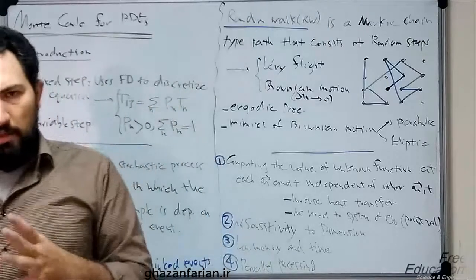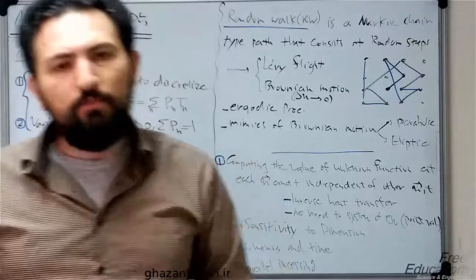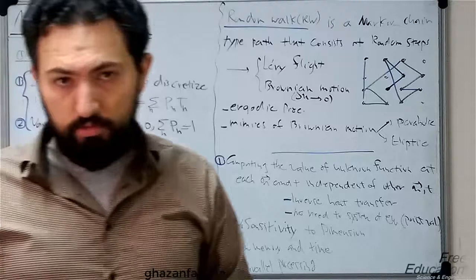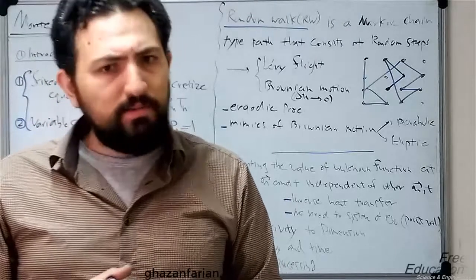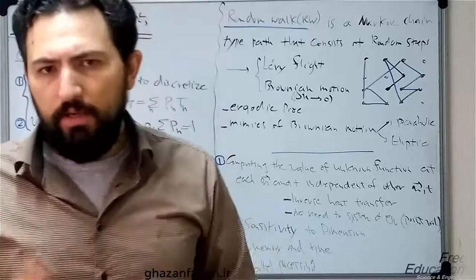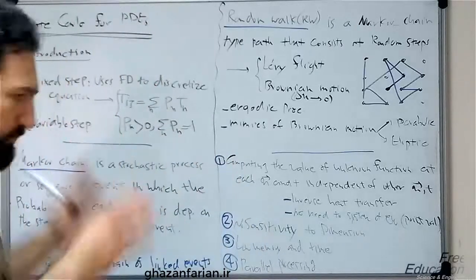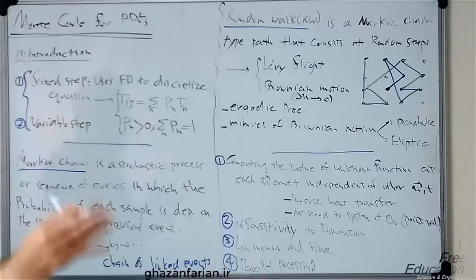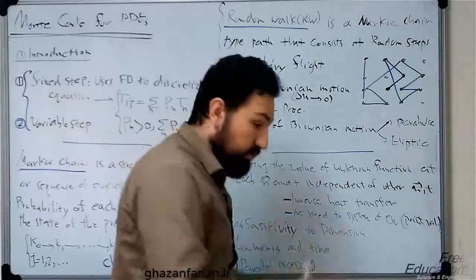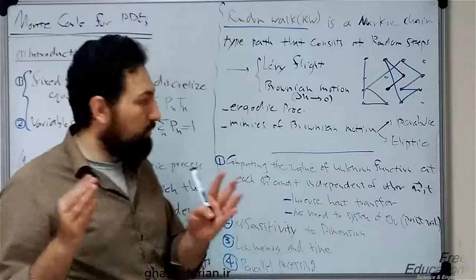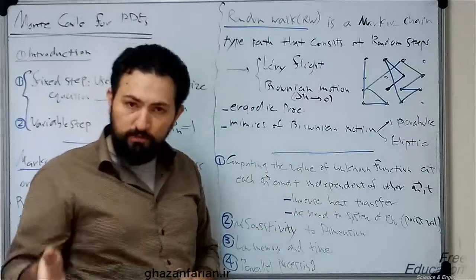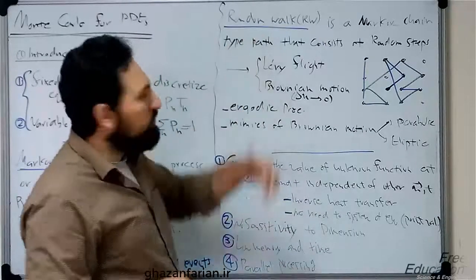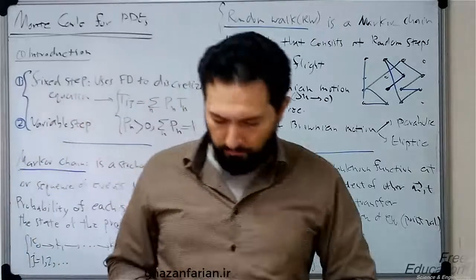There are some corrections or modifications for hyperbolic equations, which contain some sharp discontinuities, such as the Burgers' equation or shock waves. But in this video, I'm speaking about the Monte Carlo solution of the parabolic or elliptic partial differential equations, based on the random walk concept.